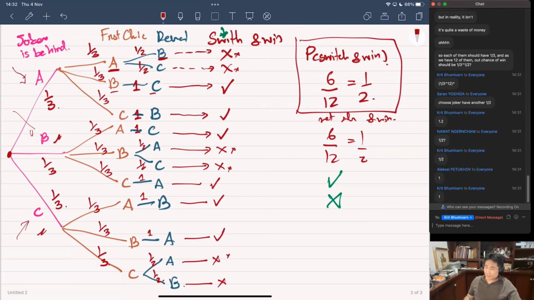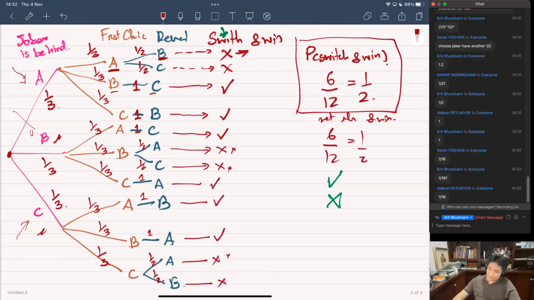Are we good? So what is the associated probability of this outcome, this AAB? What is it? Can someone tell me? It's 1/18, right? So what you do, you just multiply all these numbers together up until you get to the end.